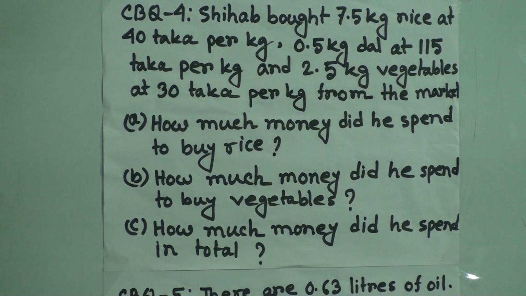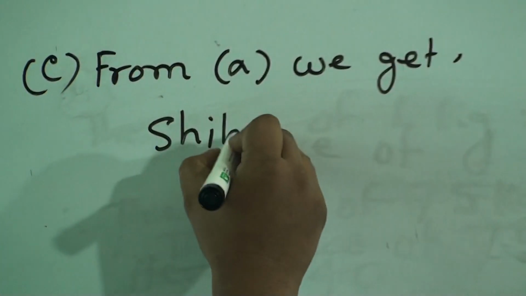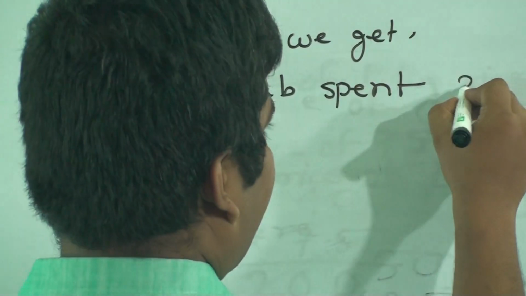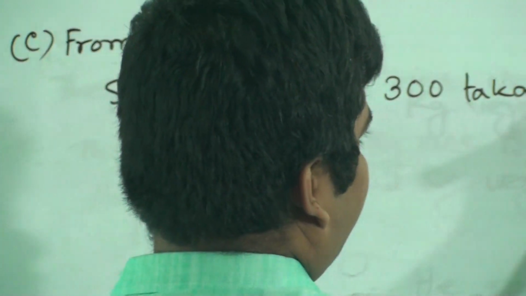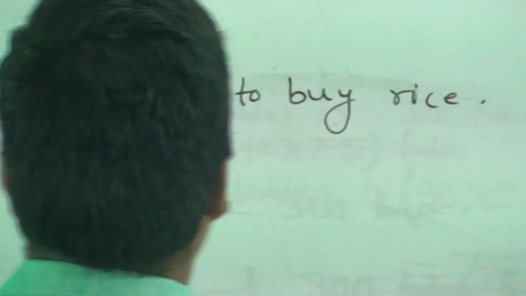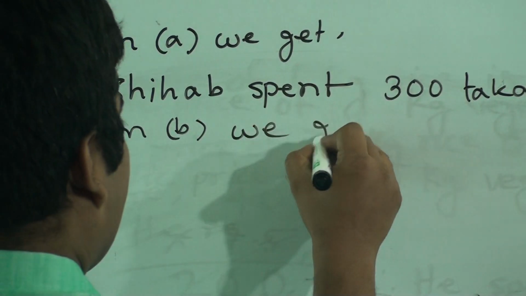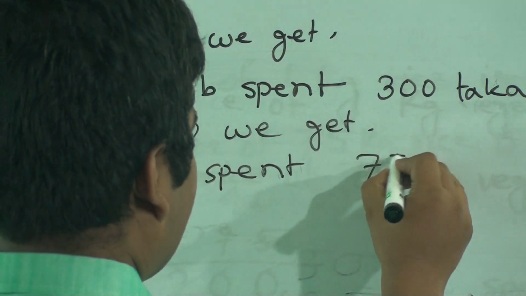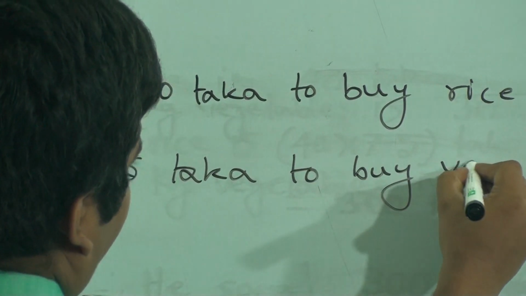So for C, from A we get he has spent 300 taka to buy rice. From B we get he spent 75 taka to buy vegetables.